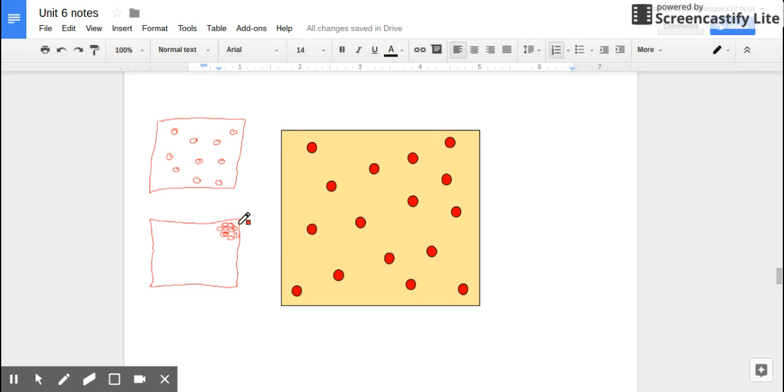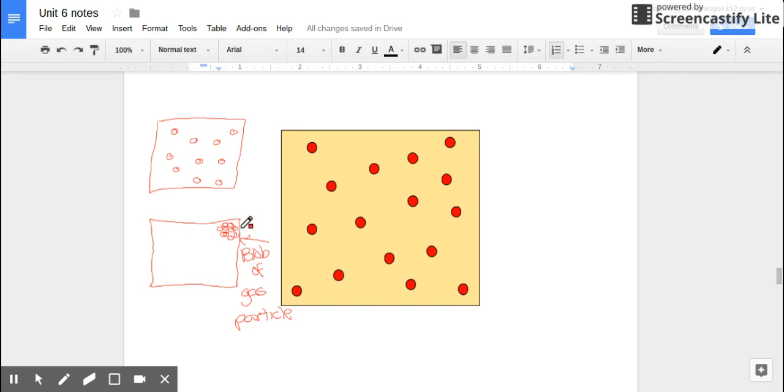If I did that, then the volume of this blob of gas particles would be so small compared to the volume of the entire container.